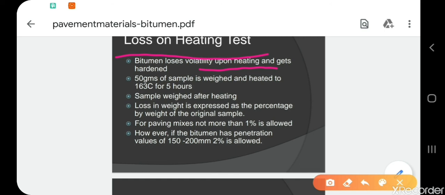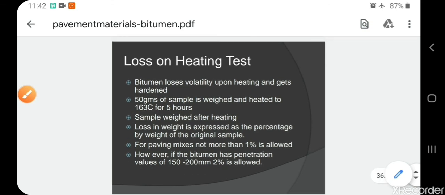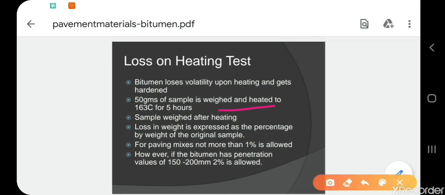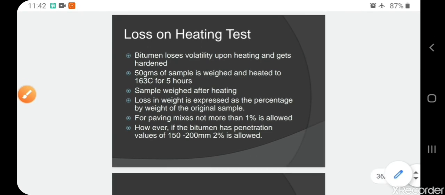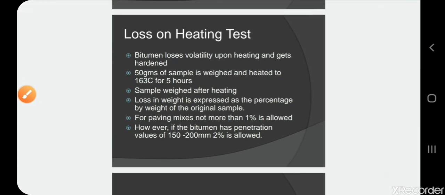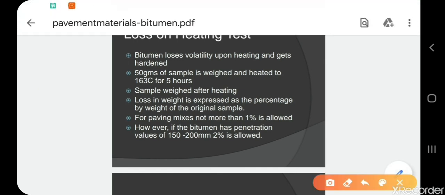For this experiment, we take a 50 gram sample, weigh it, and heat it at 163 degrees Celsius for 5 hours. The sample is weighed after heating, and automatically there will be a loss in weight, which is known as loss on heating.